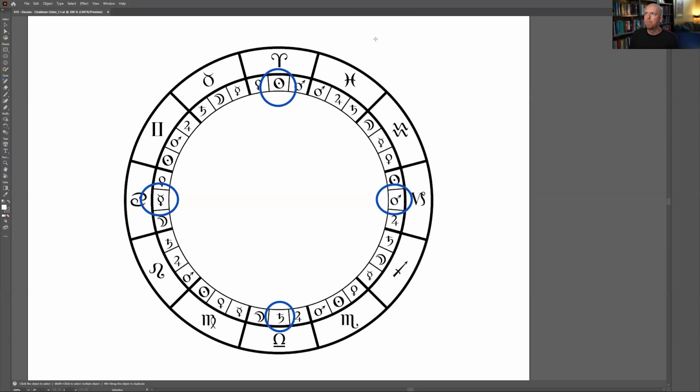in some way. And it's a little tricky because we don't know if these decan assignments, because they go back to Teucer of Babylon who seems to be one of our earliest sources for them.